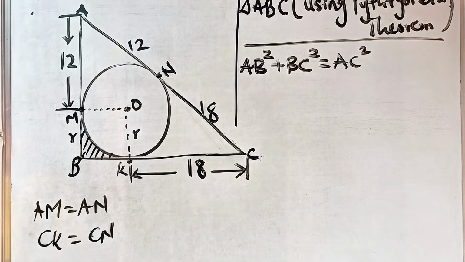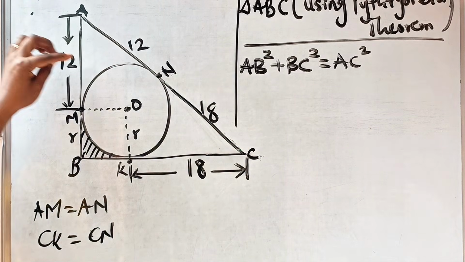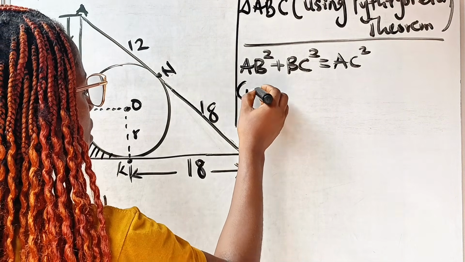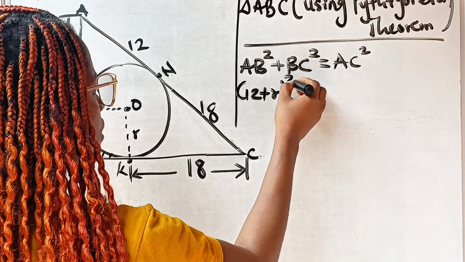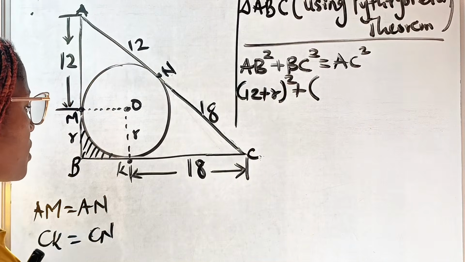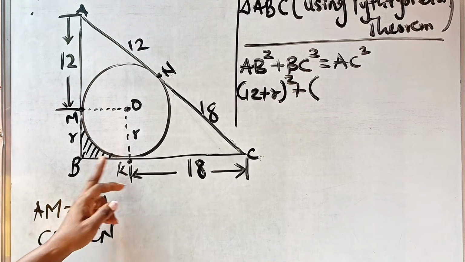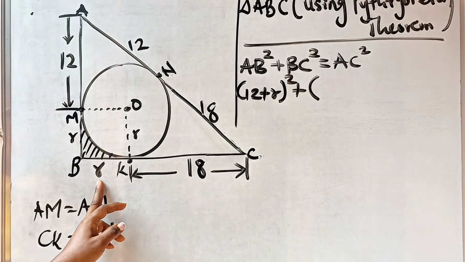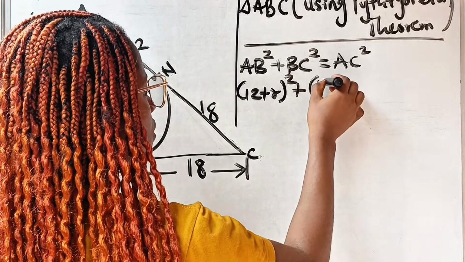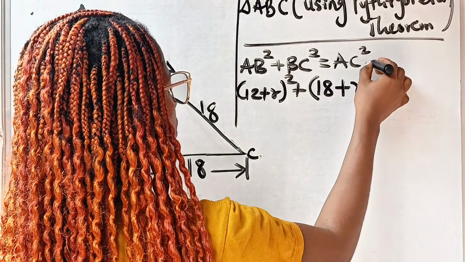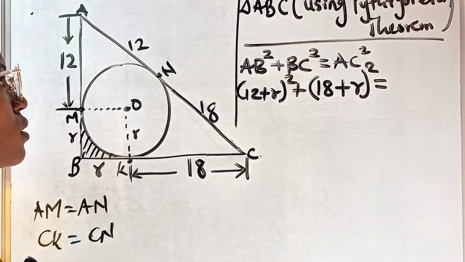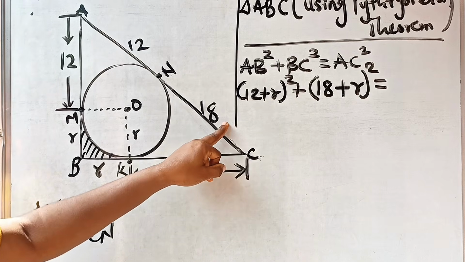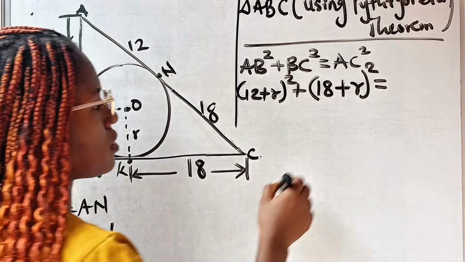So what is our AB? Our AB should be 12 plus R. So we have (12 plus R) squared plus BC, which from here to here should also be R, so it should be (18 plus R) squared, is equal to (12 plus 18) squared.